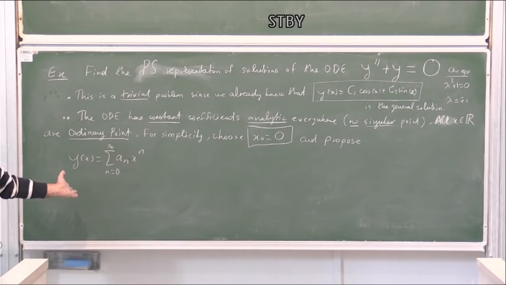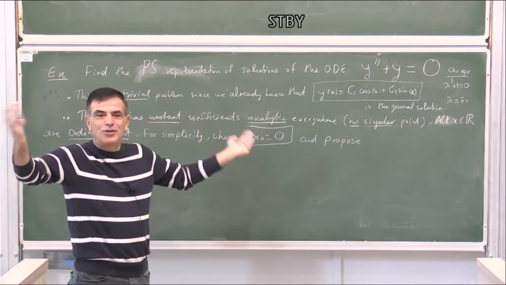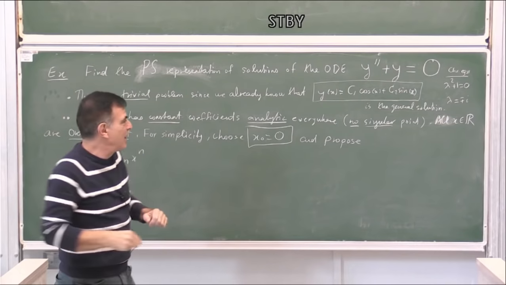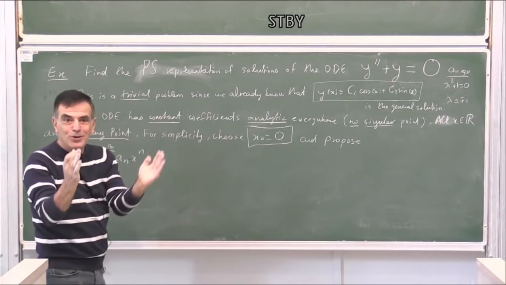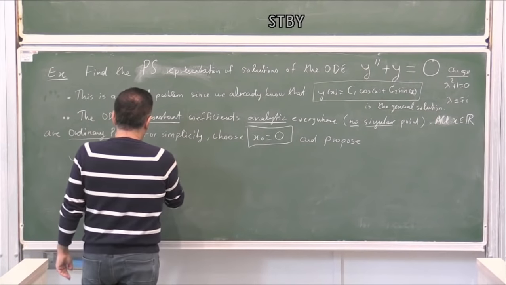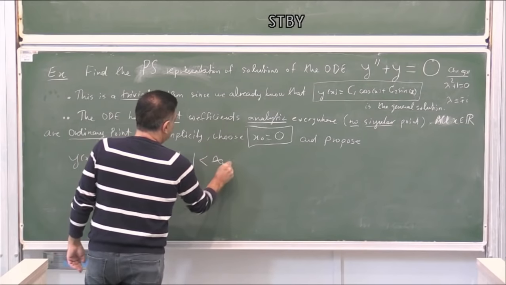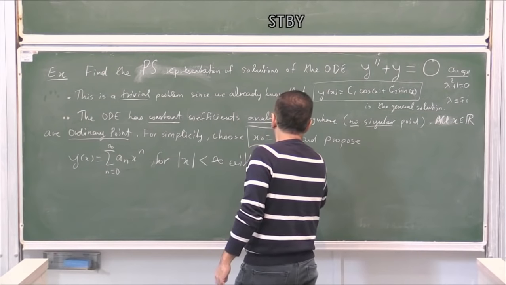Good? Since there is no singular point, the distance from the nearest singular point to the origin is infinity. Okay? Of course, infinity is not a number, but there is no singular point to give a bound for the radius of convergence. So this is convergent with rho infinity.